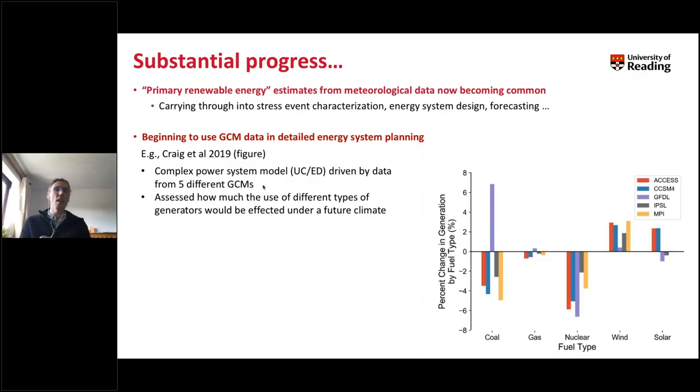And they assessed how much of different types of generation resource will be used under a future climate compared to present day. And this was their result: coal, gas, nuclear, wind, solar. You can see the 5 different bars give slightly different answers, but they're starting to study what the impacts are across multiple different possible climate futures, which is great.